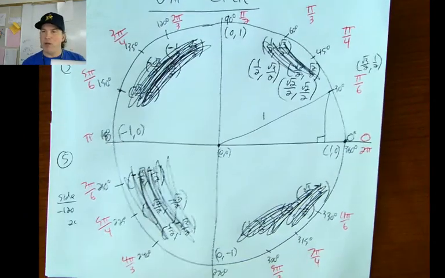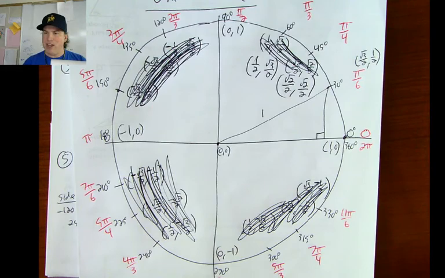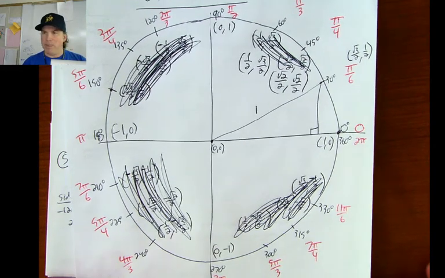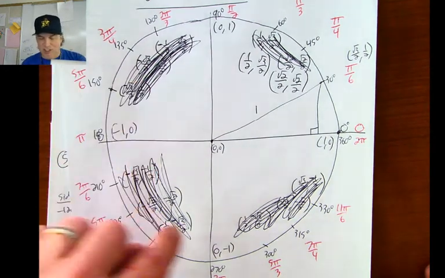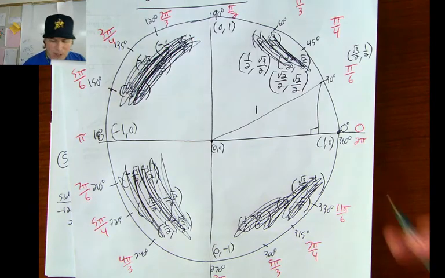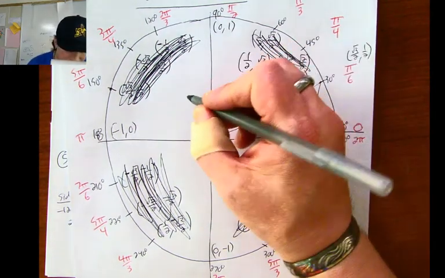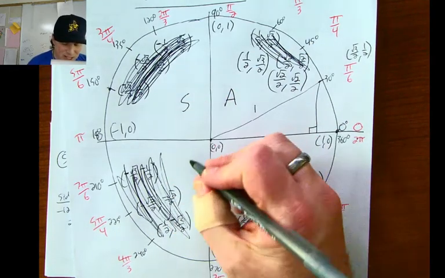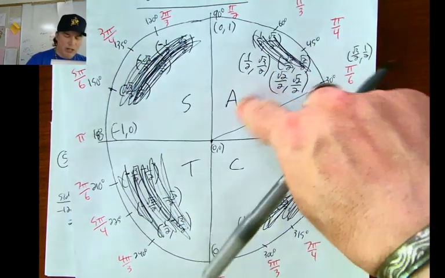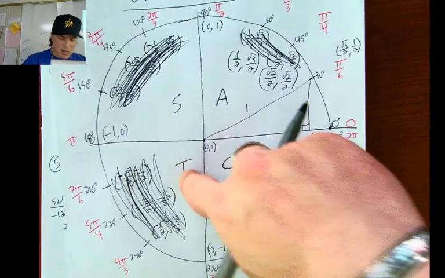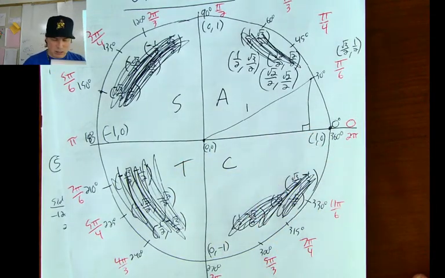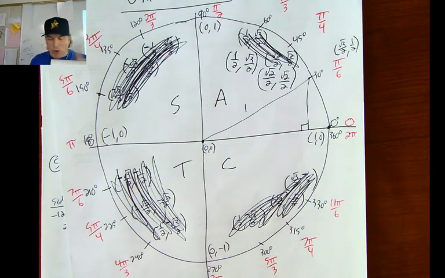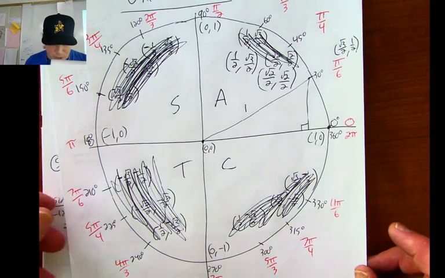If you want to build your unit circle just like this, and not include this, this, or this, do less writing, you can, but if you do that, you need to include this phrase here, A, S, T, C. All students take calculus. That's how I learned it. Other people call it different things. But anyway, how could you use reference angles to solve these problems?